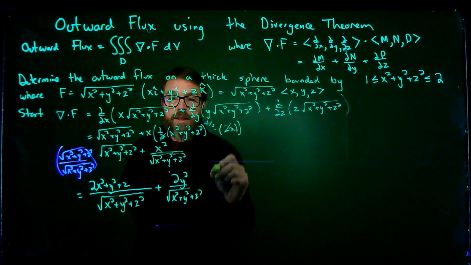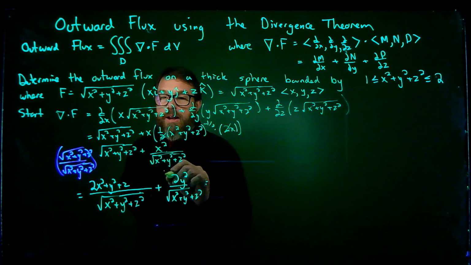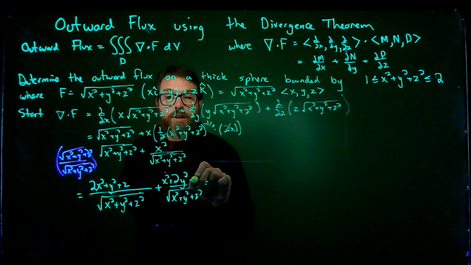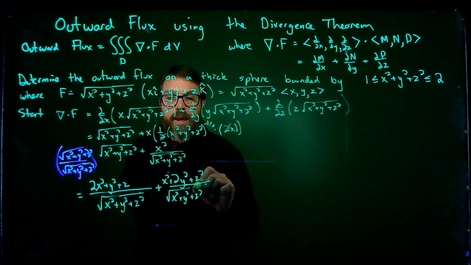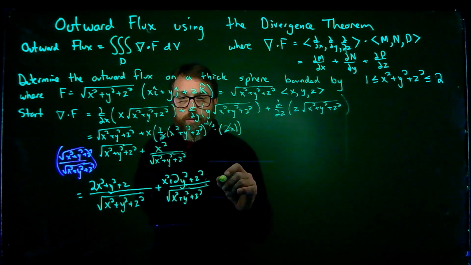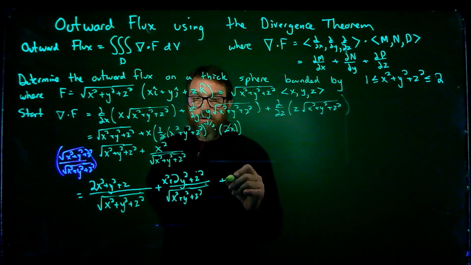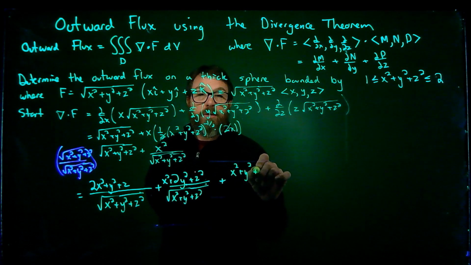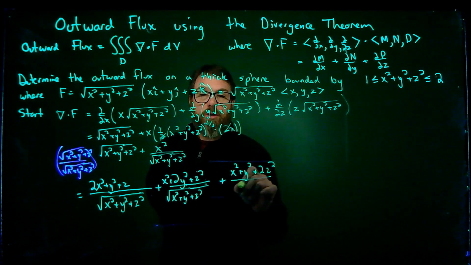And similar for this one, we're going to have x squared plus y squared plus 2z squared, all over that square root. The doubled term changes and the others remain the same.